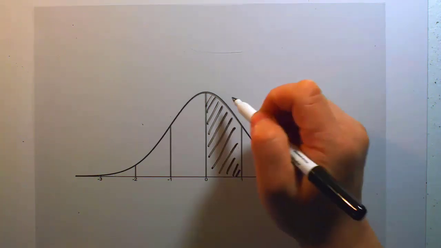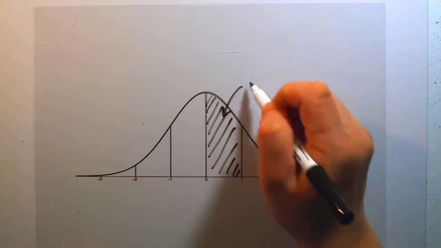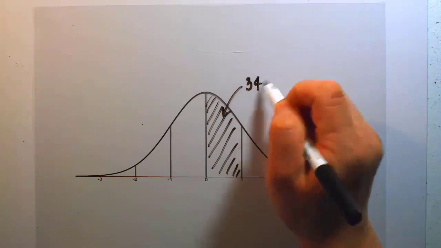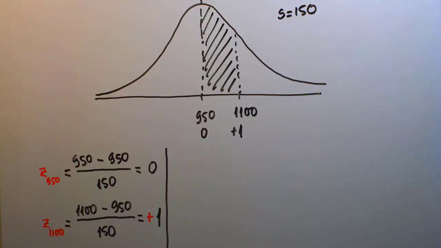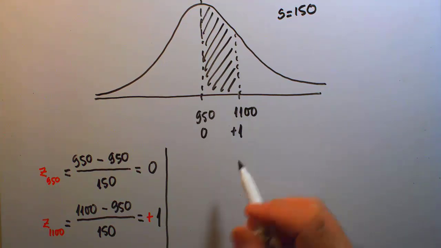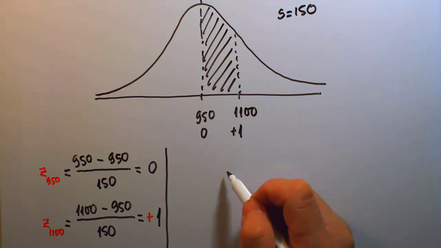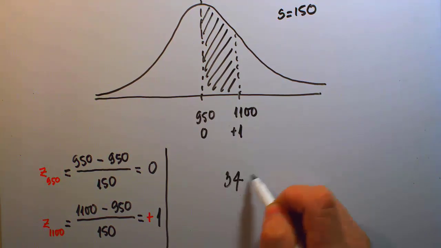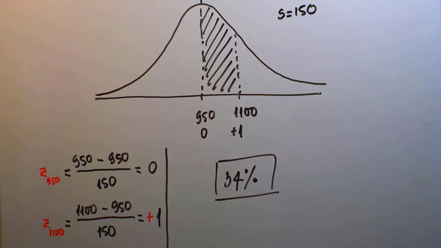And so we've learned through the lectures that this area is 34% of data inside of that area. And so now it becomes clear that in this picture right here, for the shaded area we're looking at, the answer is simply 34%. And that's how it is.